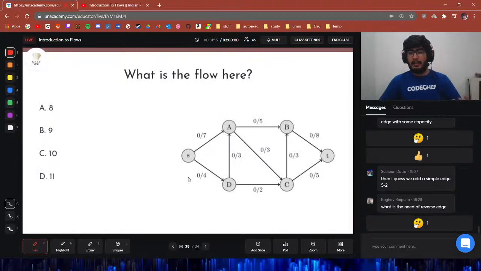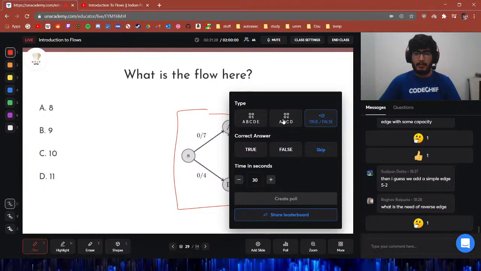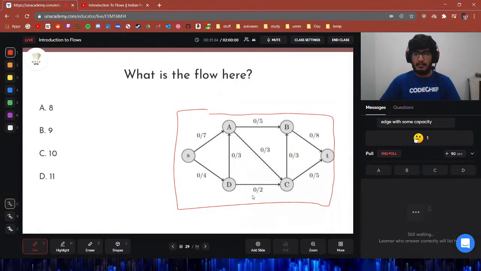So here's a poll. So you can answer this poll and try to work your way on this system. So just calculate the flow in this system by the Ford-Fulkerson algorithm, right? So let me give you 4 options and time. Let's say 90 seconds. 90 seconds seems nice. So yeah, the options would be here. Just select the one which you think is correct.